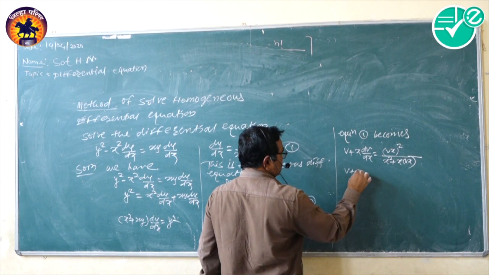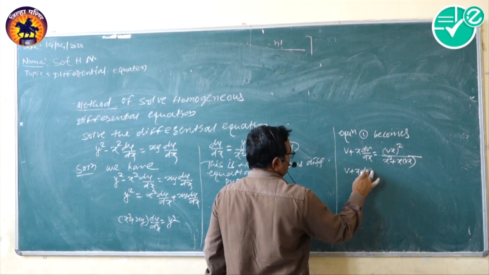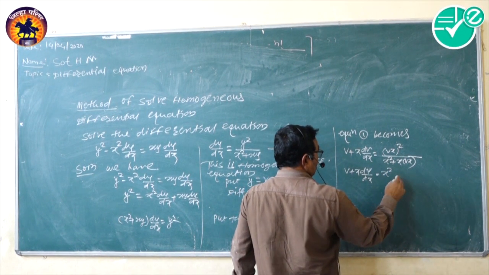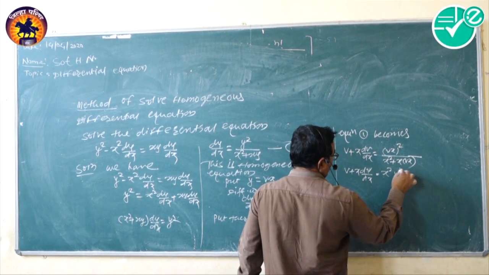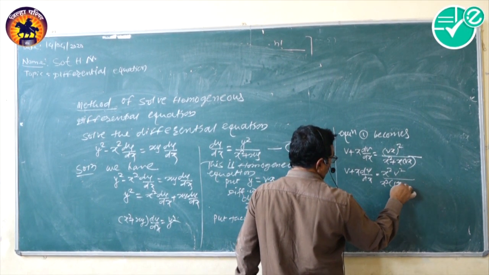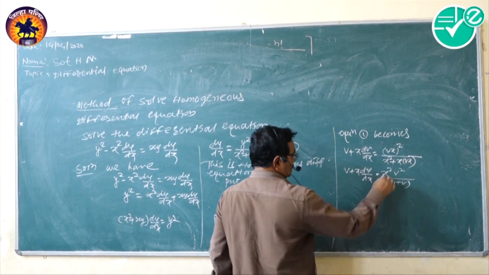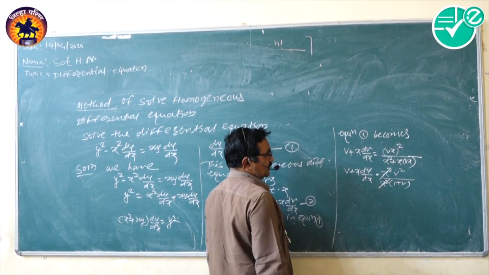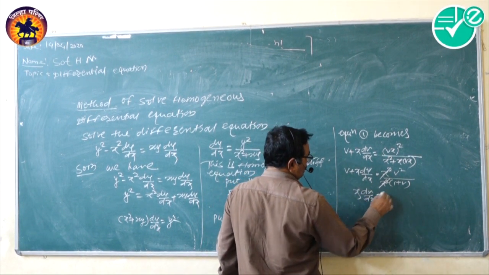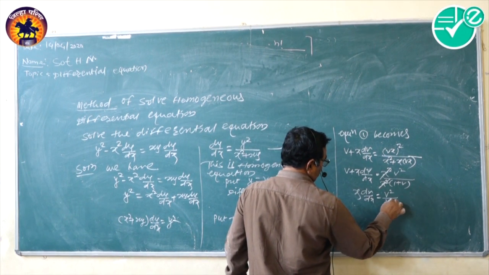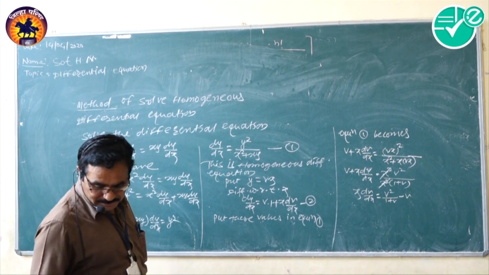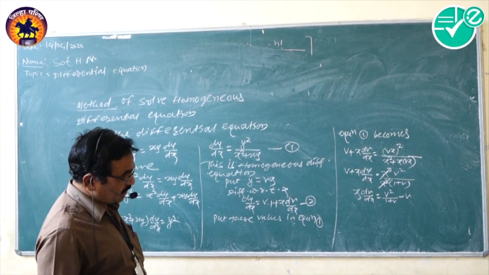Then v plus x dv by dx is equal to x square v square upon x square into 1 plus v. This x square cancels. This becomes x dv by dx is equal to v square upon 1 plus v minus v.